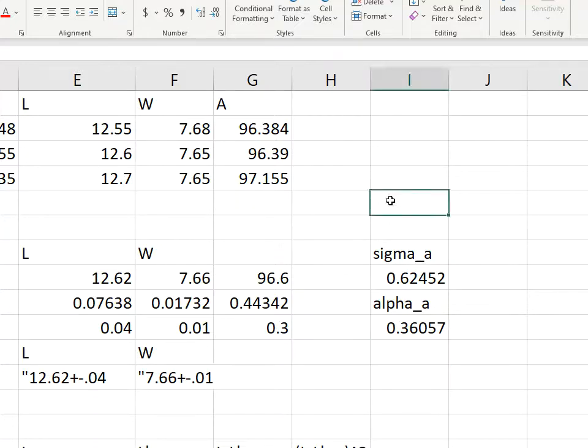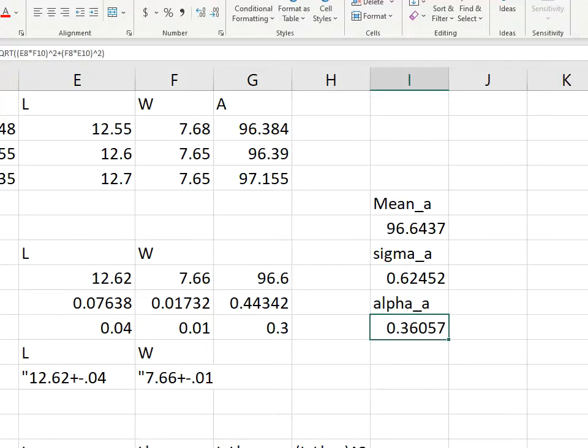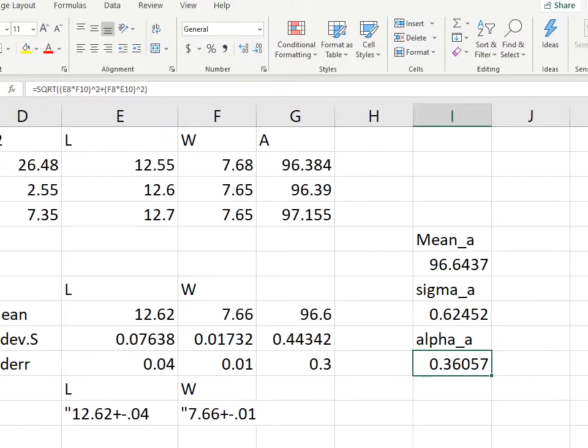And what about the mean area? It equals the mean length times the mean width, and so we will bring this down to one significant figure, and this down so that this is in the tens place, so this must also be in the tens place.